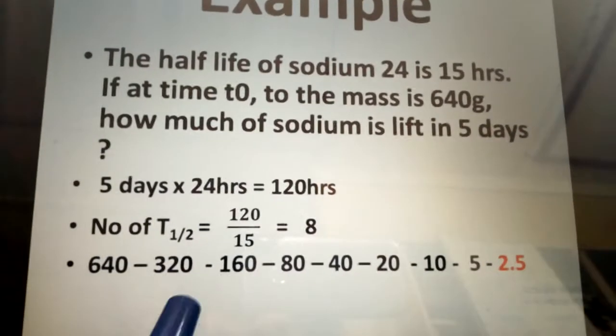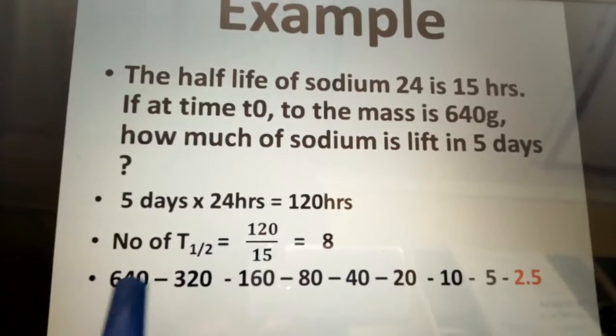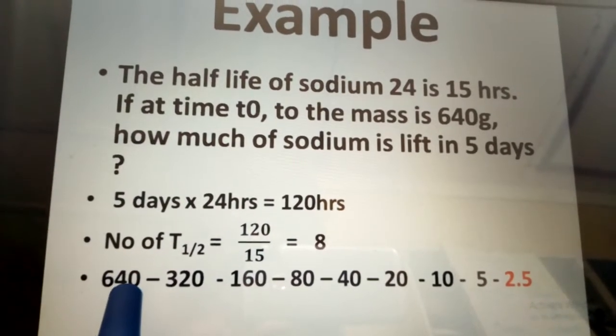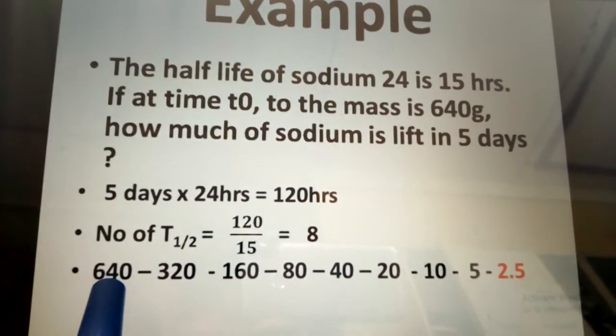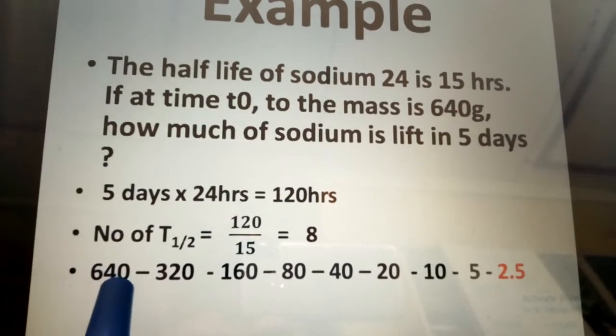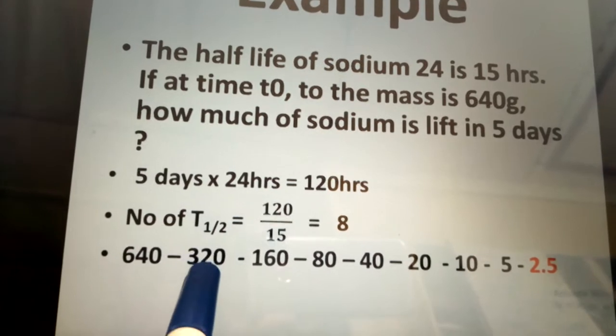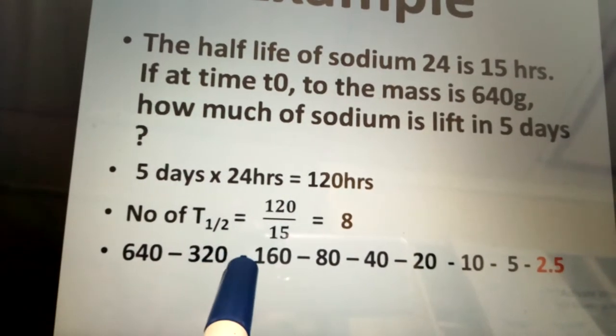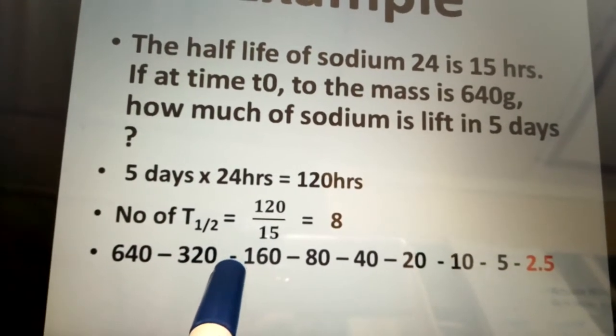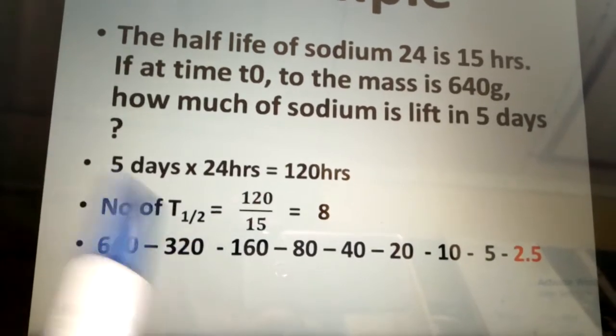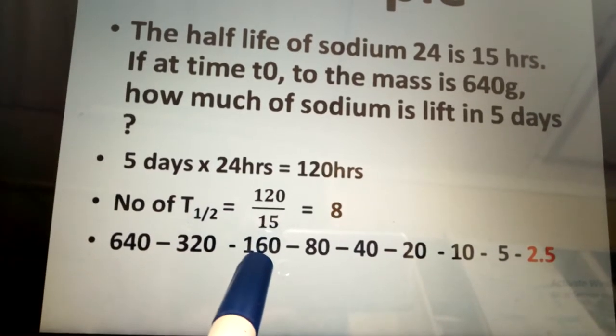So what does it mean? After 15 hours, 640, this is the original mass, 320 has gone, 320 has remained. After another 15 hours, half of 320 will go, half will remain.